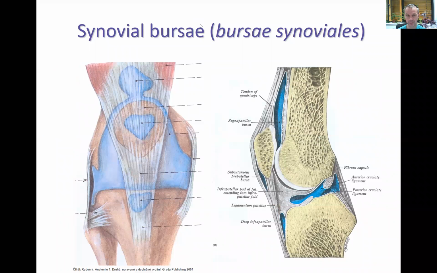On this figure we can see the suprapatellar bursa, the location of the prepatellar bursae, subcutaneous and subfascial, and the infrapatellar, subcutaneous and deep bursae. And in this cross section we can again see the infrapatellar fat pad located here, and the suprapatellar bursa, which is a continuation of the suprapatellar recess.